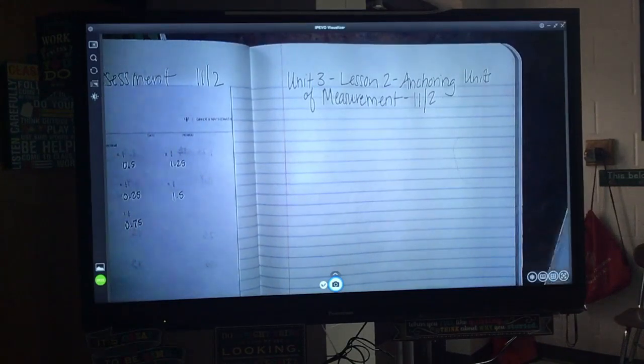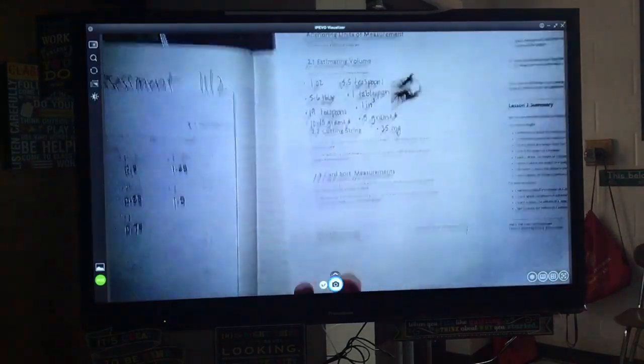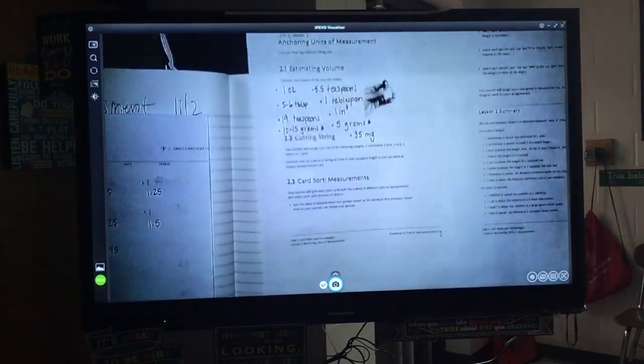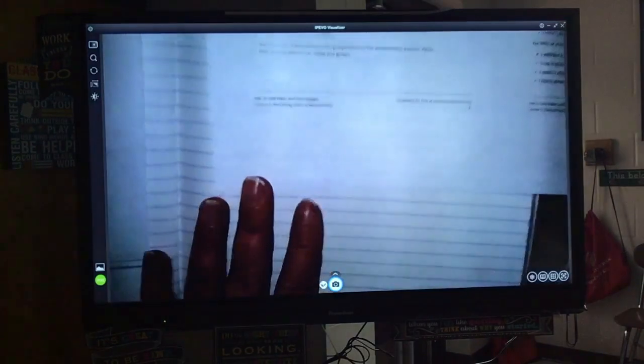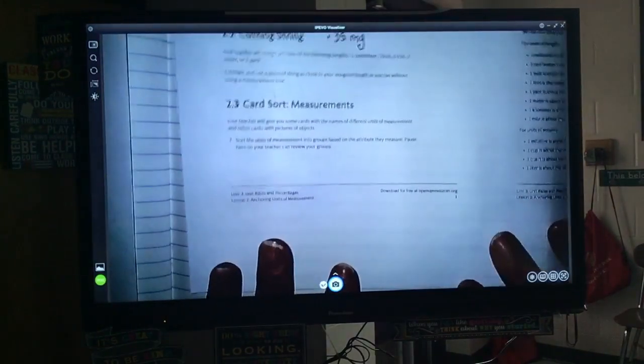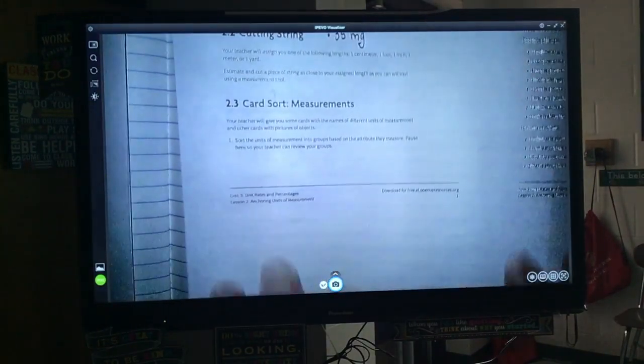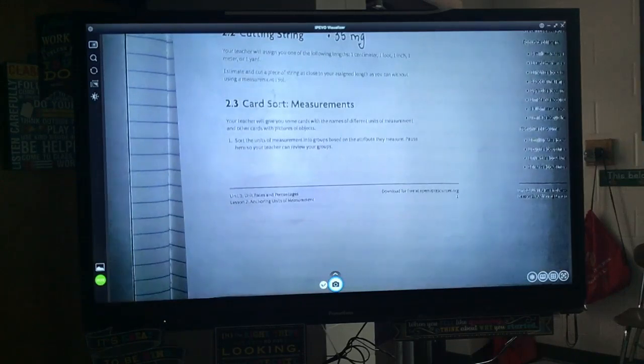Alright, the last activity that we're going to do today is this card sort at the bottom. So it says your teacher will give you some cards with the names of different units of measurement and other cards with pictures of objects. So this is your measurement card. So you'll see you have one and then your measurement.